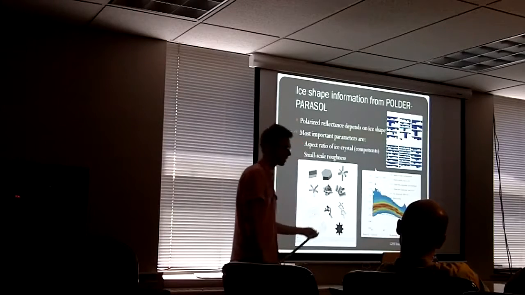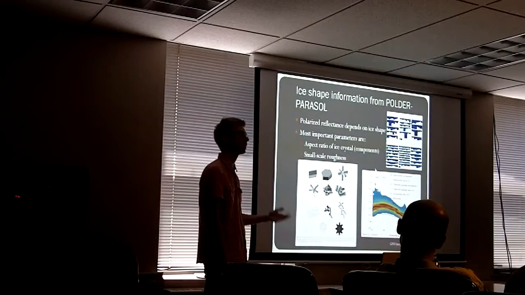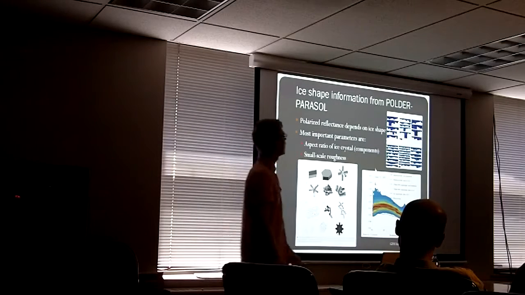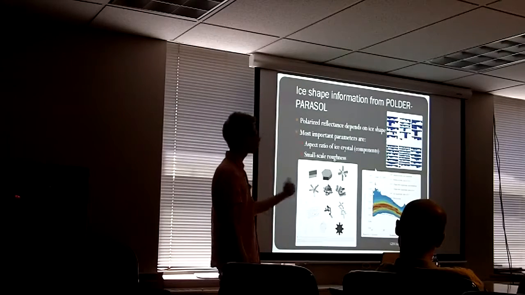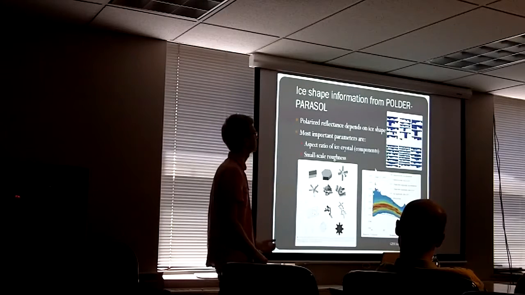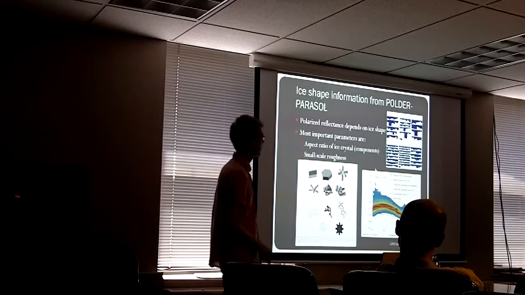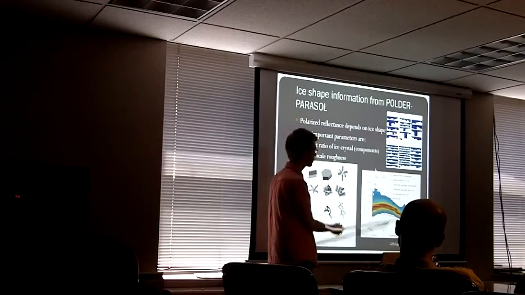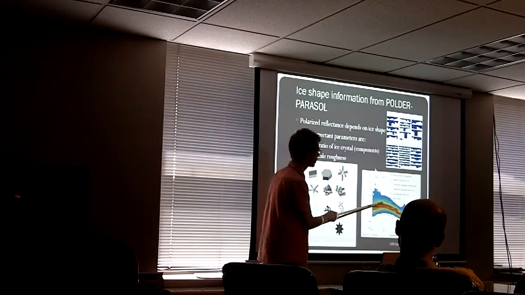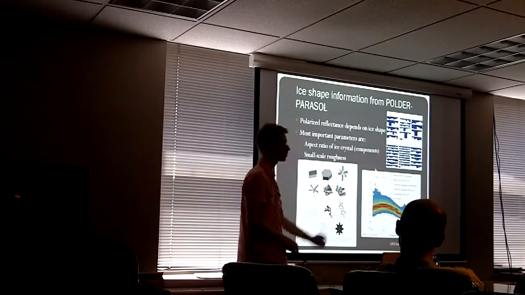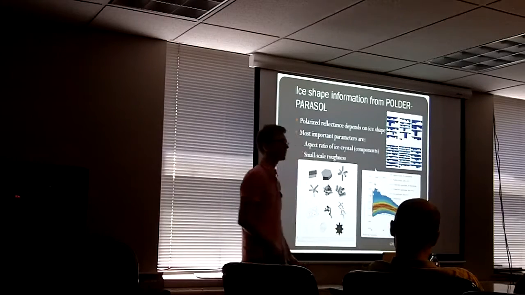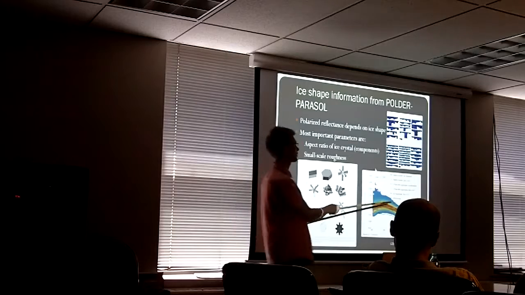Another thing we can get from POLDER is information about the shape of the ice crystals, because the polarized reflectance of an ice cloud depends on the shape. What you see here is global POLDER measurements. These colored contours are measurements, and the lines are model fits for different ice models.